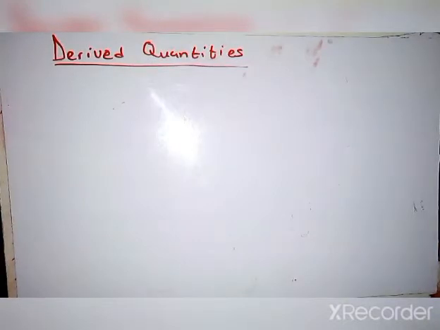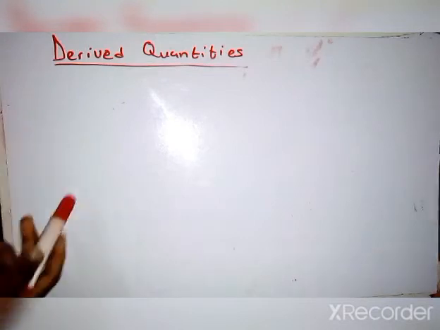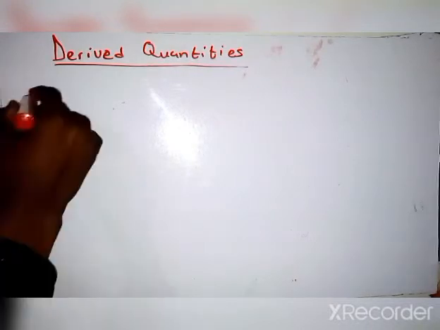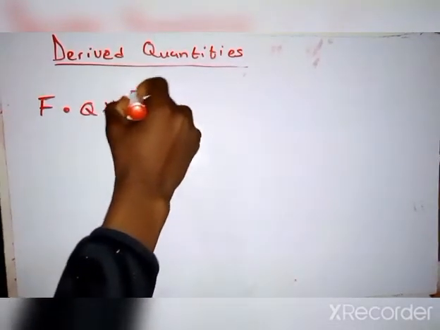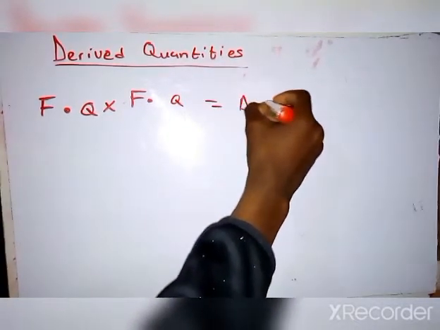Derived quantities are quantities that are dependent on fundamental quantities. That is, they depend on fundamental quantities. A derived quantity can be obtained by multiplying: you multiply one fundamental quantity by another fundamental quantity, two or more, and it will give you a derived quantity.